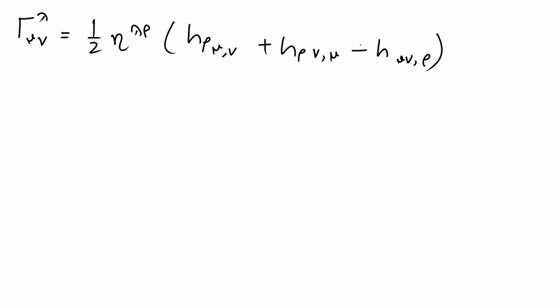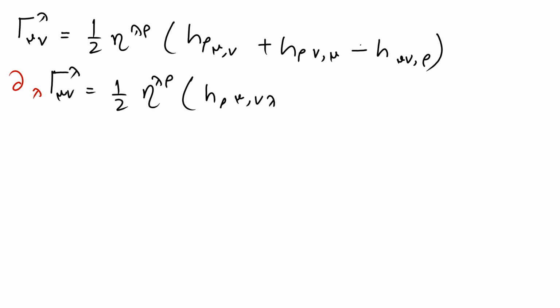By writing the partial derivative, let me write in a different color, partial lambda gamma lambda mu nu is equal to 1 by 2 lambda rho, sorry, here should be rho, h rho mu nu lambda plus h rho nu lambda minus h mu nu lambda.